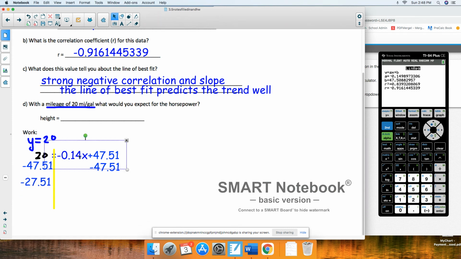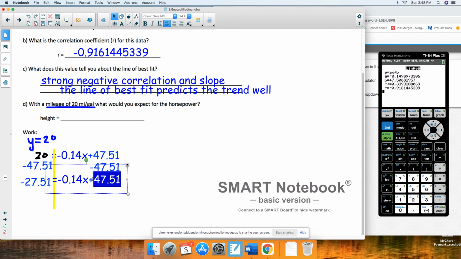And then the only thing left over here is our 0.14. That is a negative, so just so we know, we're going to divide both sides by negative 0.14.